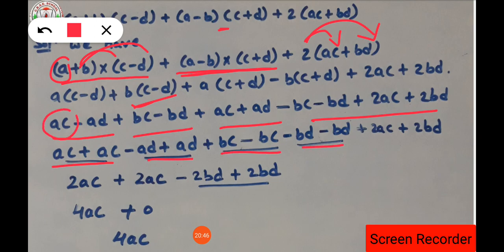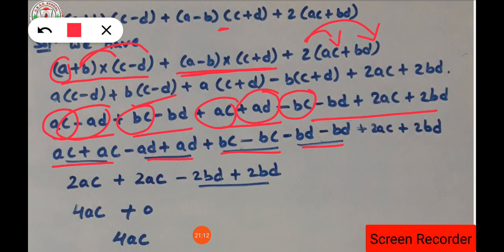So here AC is given, plus AC is given, minus AD plus AD, then BC plus BC minus BC is there, isn't it? Then minus BD minus BD is there, then plus 2AC plus 2BD. Like that we have to make pairs of the like terms.